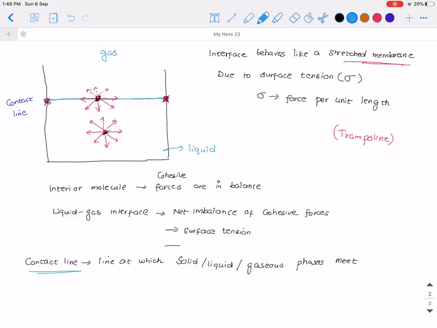Okay, so at the contact line, the cohesive force within a fluid and the adhesion between solid and the liquid are in competition.